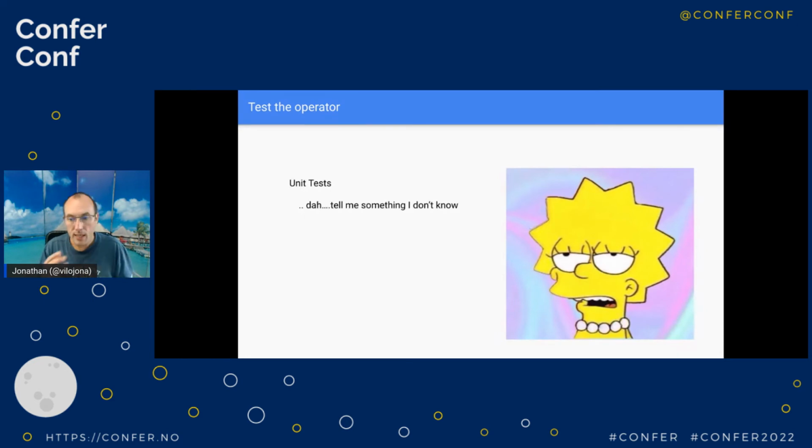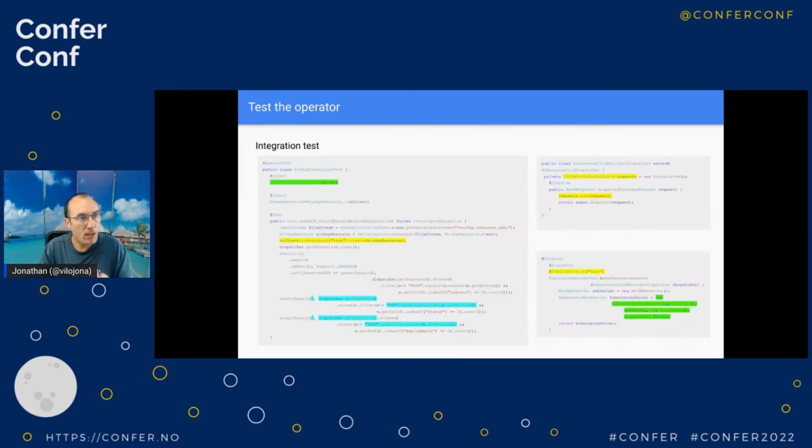So regarding the tests, I'm not going to cover unit tests, because for the individual methods, you already know how to test them. But to test your operator, there's something called the Kubernetes mock server that the fabric8 Kubernetes client gives us, with which we can simulate a Kubernetes API.